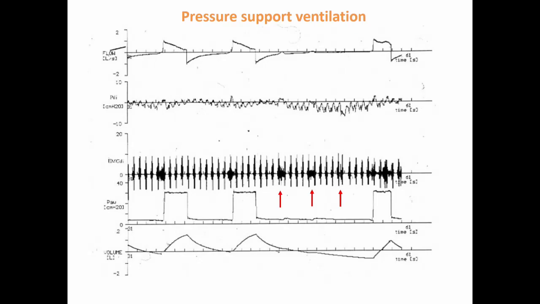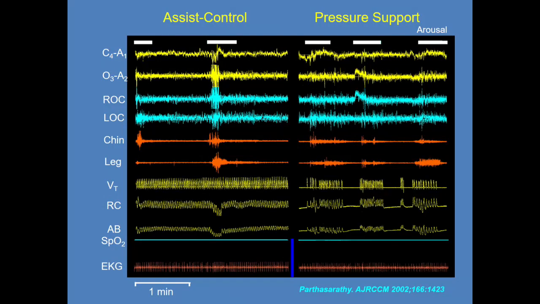On the next slide, you see the other problem which can occur, and I put on this slide either pressure support or assist control, which is called ineffective efforts, and we have seen that before. You see that the patient is doing small efforts which are not triggering the ventilator, and the way to detect it is to look at the airway pressure tracing, the first waveform, or more often easier to see on the flow tracing.